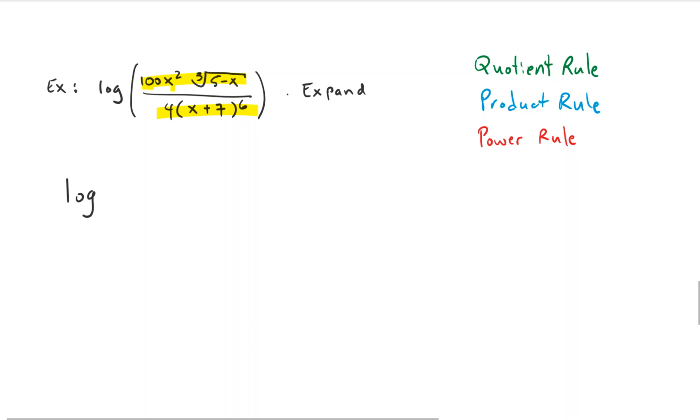So log base 10 of the top, which is 100 x squared times the cubed root of 5 minus x, minus, that's the quotient rule, log base 10 of 4 times x plus 7 to the 6th power.